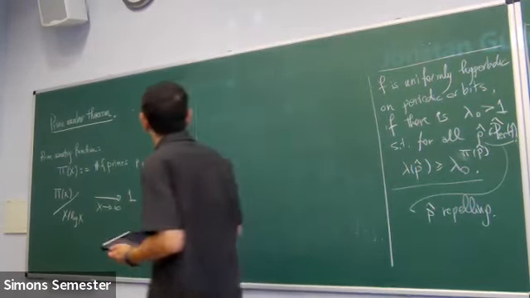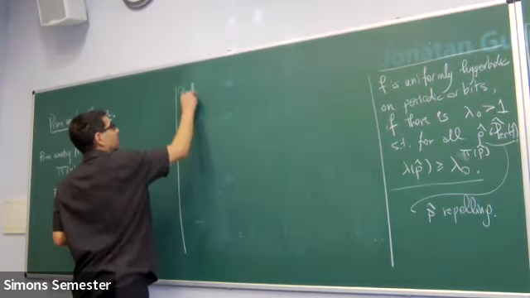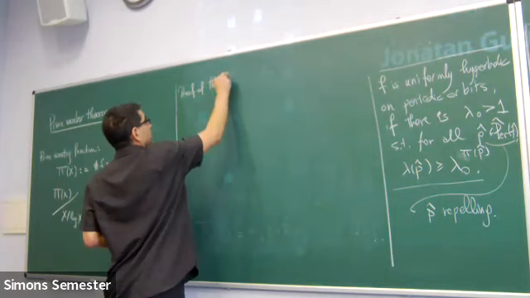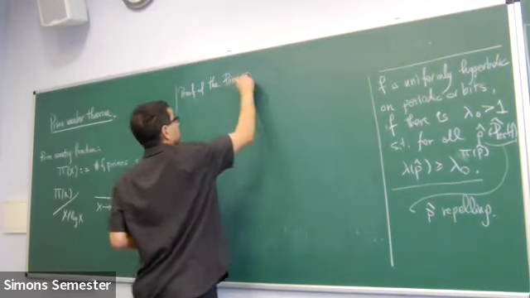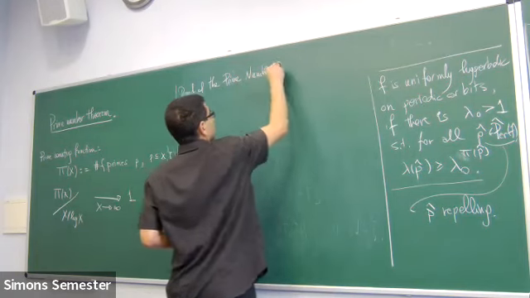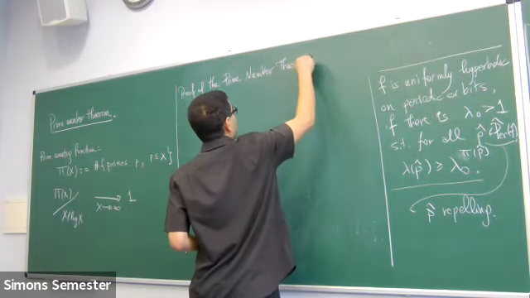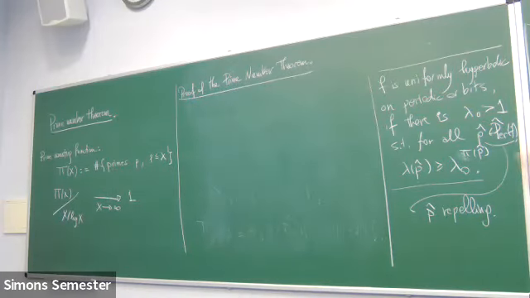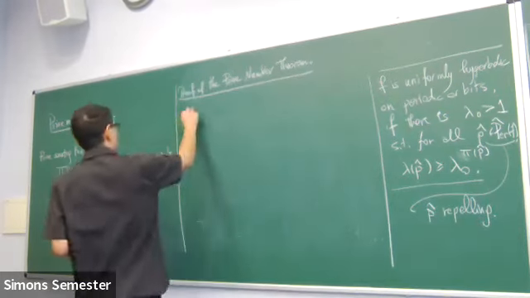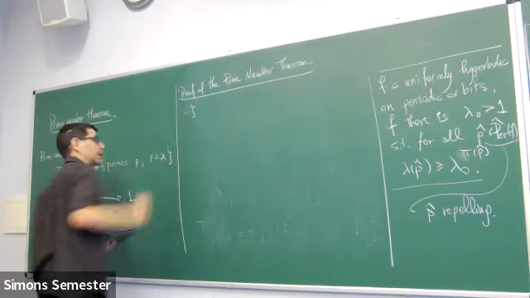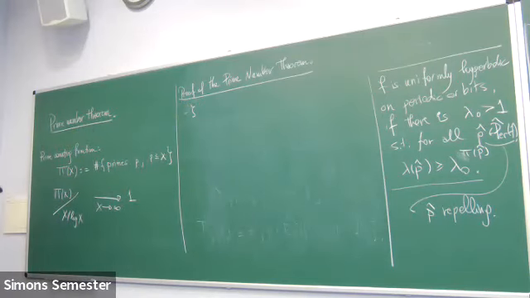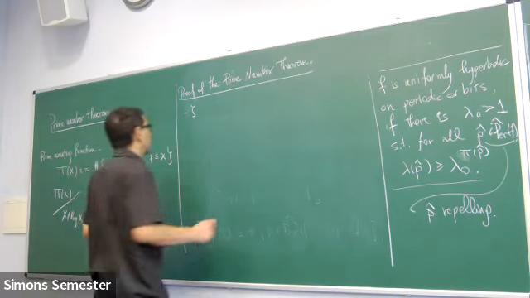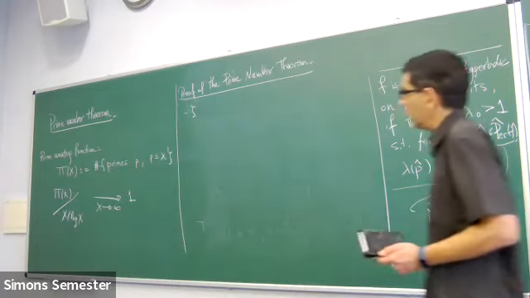There are several elements that are important here. One is the Riemann zeta function. I'm discussing the classical proof by Hadamard and de la Vallée Poussin involving the Riemann zeta function.